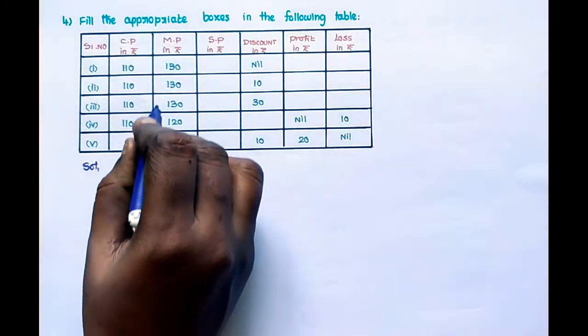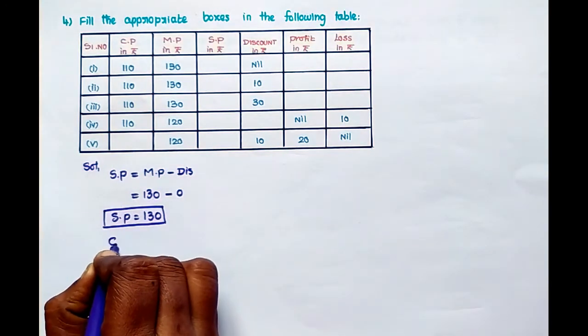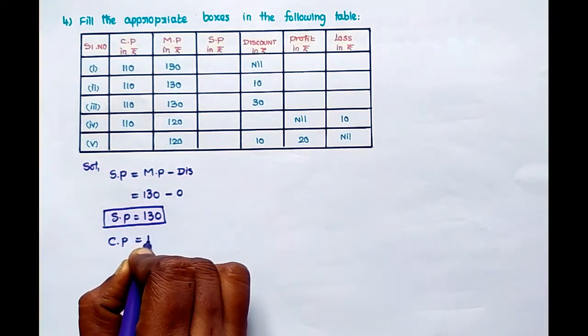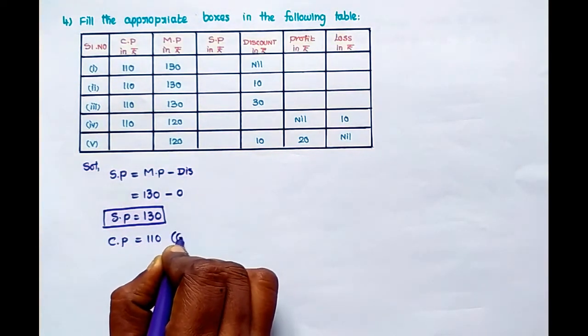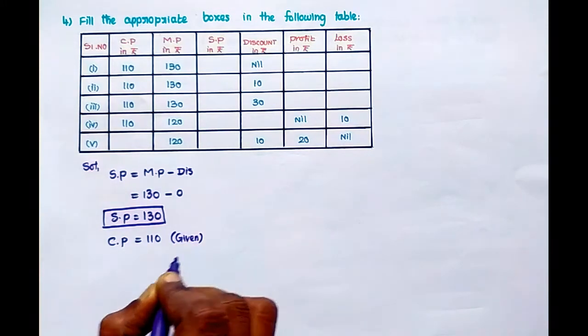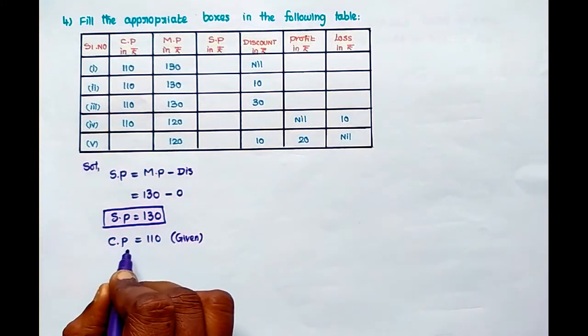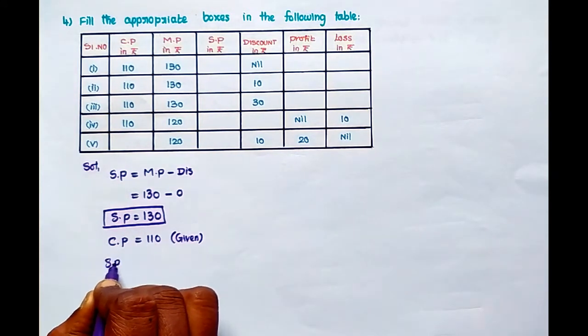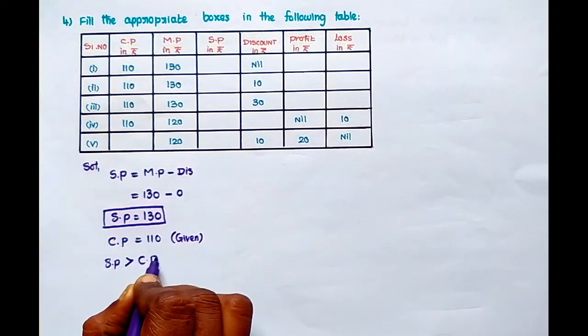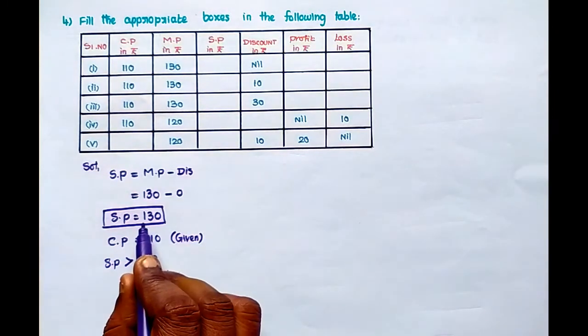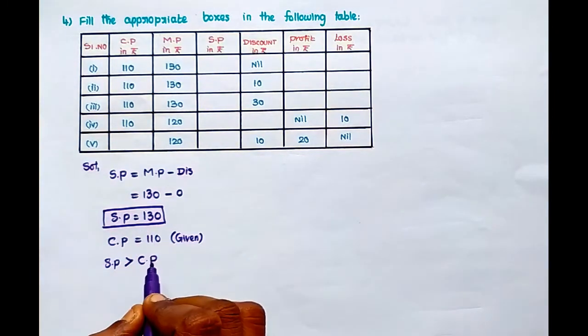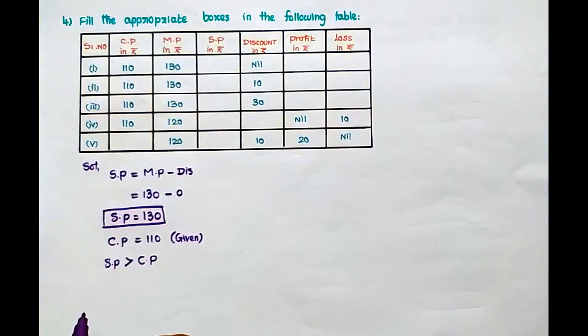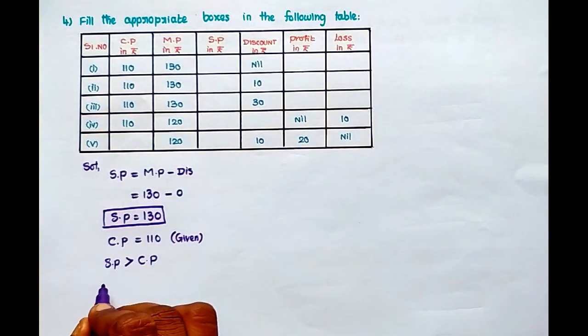Now they have given cost price how much? Cost price equal to 110, that is given. So selling price is greater than cost price, right? Selling price is 130, cost price is 110. So that is profit.